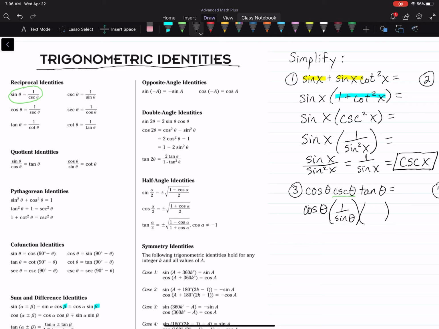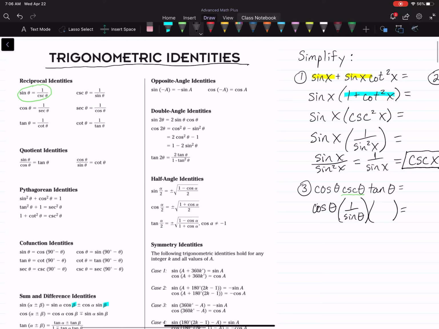And then tangent, again, we can change it to 1 over tangent right here, but that's not sine and cosine. We want to use this one, where we're changing tangent to sine over cosine. Sine theta divided by cosine theta. All right, and now that you've got everything changed, it's just about simplifying.